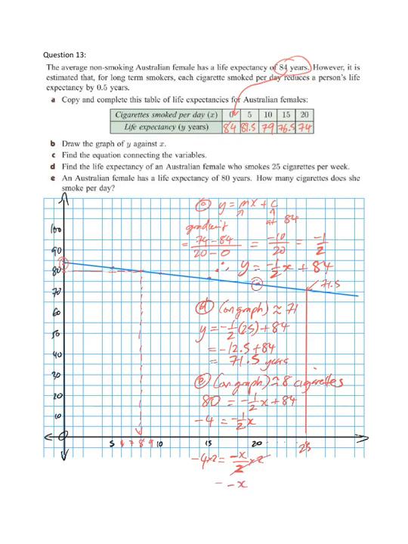So negative x is going to be equal to negative 8. And if negative 8 is equal to negative x, well, 8 is going to be equal to x, which agrees with our approximate found by looking at the graph. So therefore 8 cigarettes for someone with a life expectancy of 80 years.